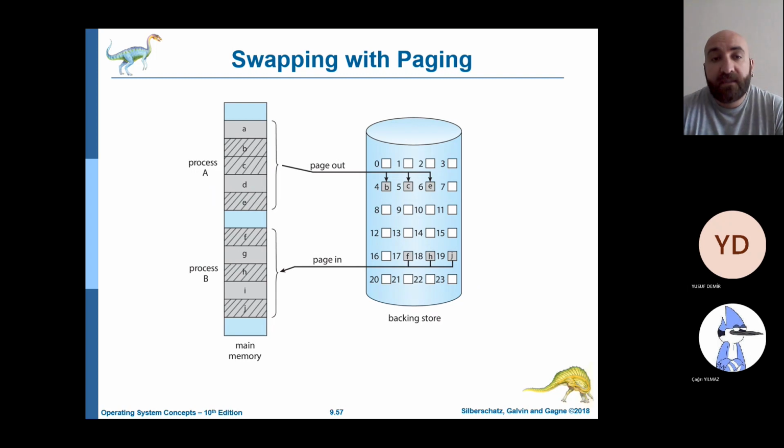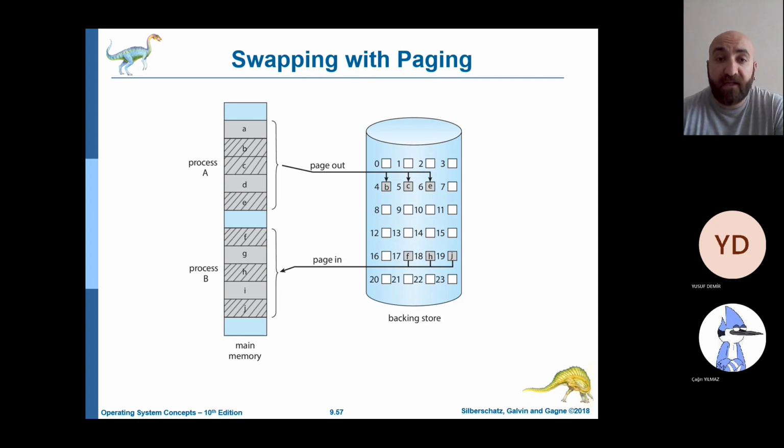In fact, the term swapping nowadays generally refers to standard swapping, and paging refers to swapping with paging. So when we say paging, that term includes the swapping. When we say swapping, it generally refers to standard swapping.